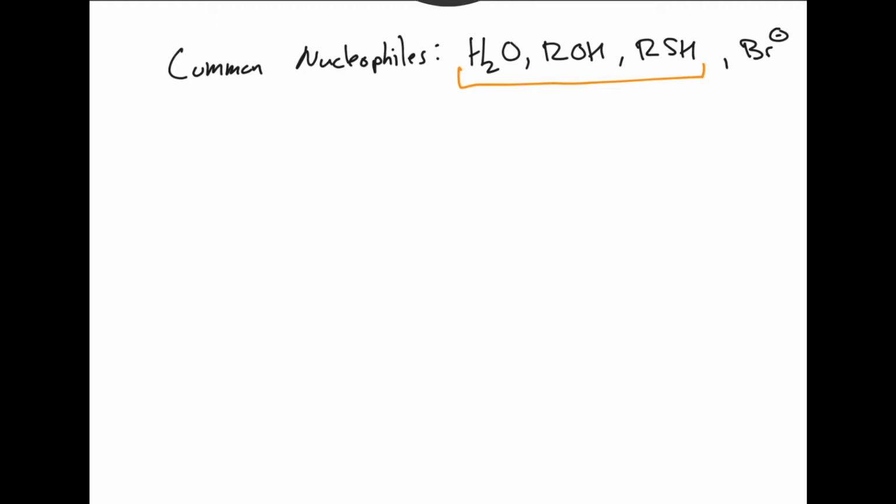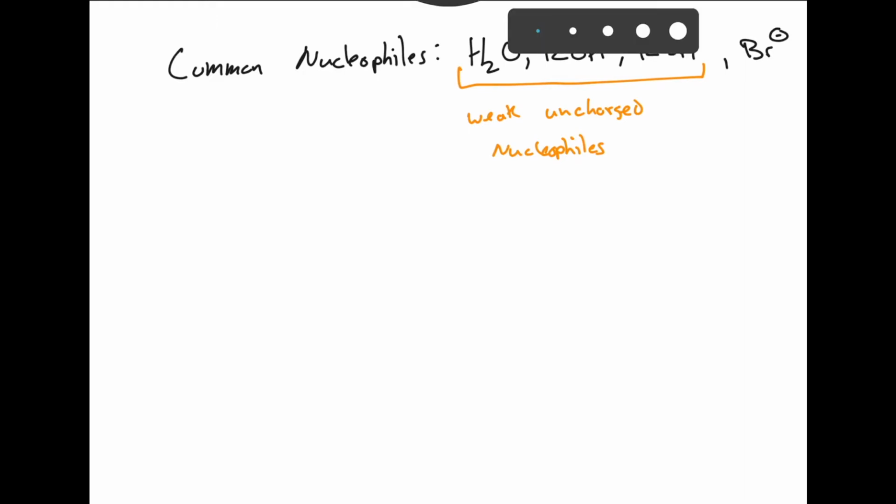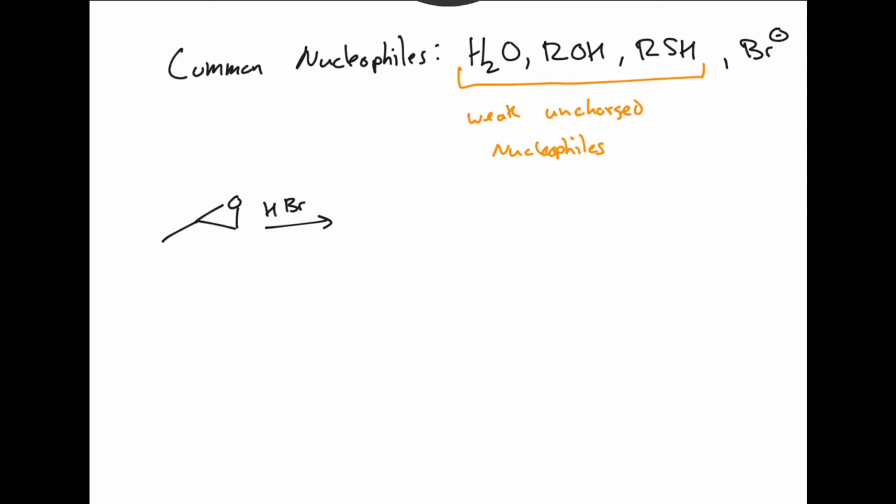They're weak, uncharged nucleophiles. Br minus is the weird one, but it comes from when you have your epoxide and you add HBr, you end up putting a bromine on one carbon and an OH on the other. So HBr brought its own nucleophile. It's an acid, and it brought its own nucleophile in Br minus. That's why Br minus gets to be used as a nucleophile.